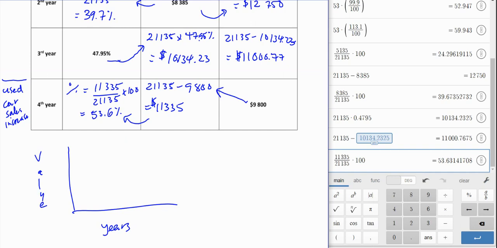Will the car ever get to zero? Hypothetically, yes, but hypothetically, okay, we start our car here. It drops very fast, and then it starts to slow down, and then maybe it never touches zero. Because what do we learn about exponentials in Unit 1, is sometimes it never touches there.